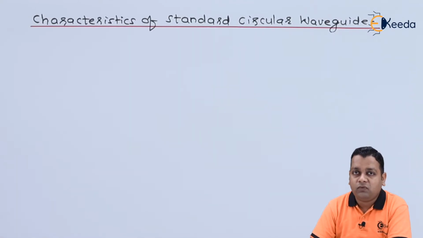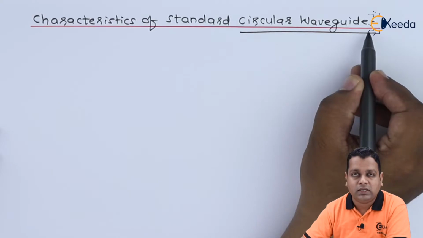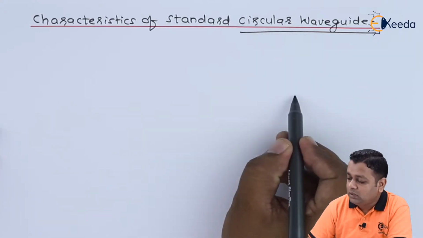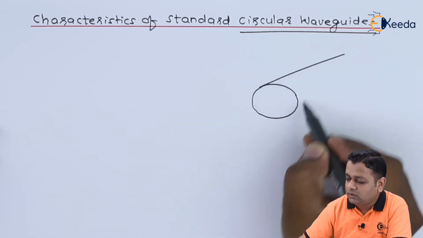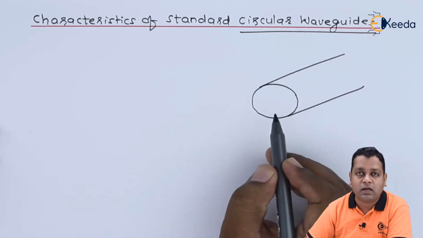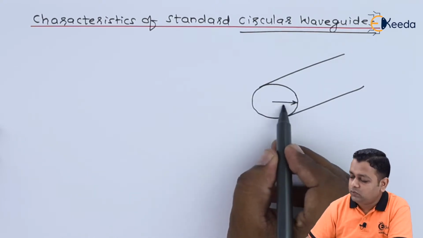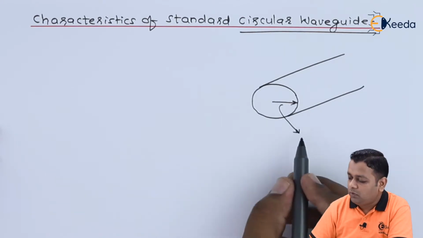So I hope you are very clear that the name circular refers to the circular cross section. For the inside dimension of this circular cross section, we have been using throughout the analysis several equations and formulae for the performance metrics.